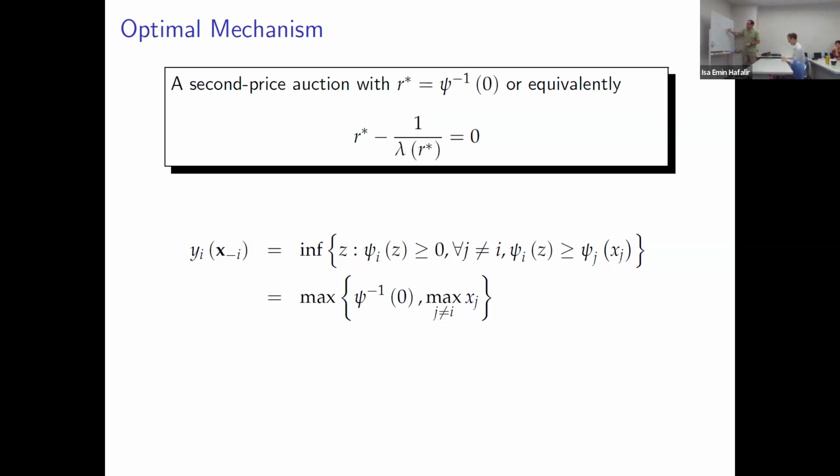If they are not increasing, you do this ironing, where you consider a transformation of it which becomes weakly increasing and satisfies some properties.